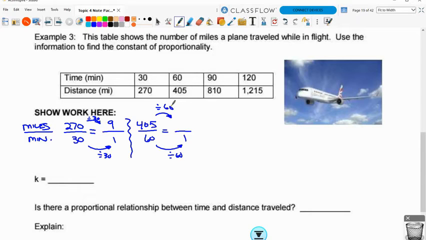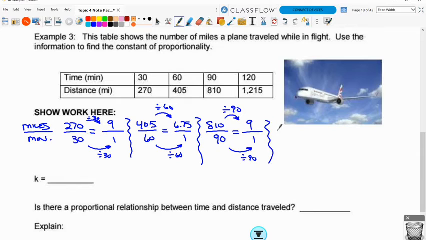If you punch in 405 divided by 60 into your calculator, you're going to get 6 75/100. So our unit rate there is 6 75/100 over 1. Next, 810 miles in 90 minutes. Get your unit rate, divide by 90. 810 divided by 90 is equal to 9, so our unit rate there is 9 over 1.